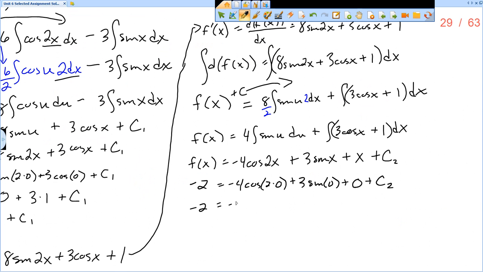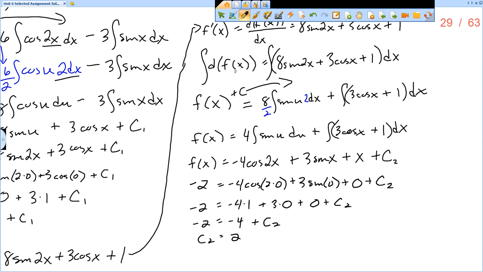So negative 2 equals negative 4 times the cosine of 0. Cosine of 0 is 1, plus 3 times the sine of 0. Sine of 0 is 0 plus c sub 2. So I get that negative 2 equals negative 4 plus c sub 2. So now I'm going to add 2, and I get that c sub 2 is equal to positive 2.